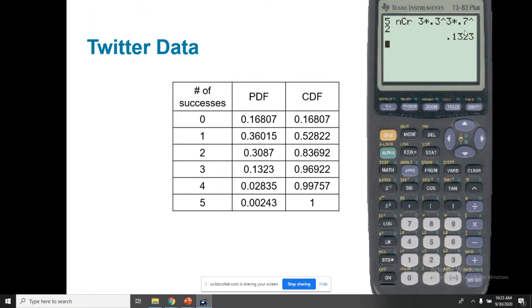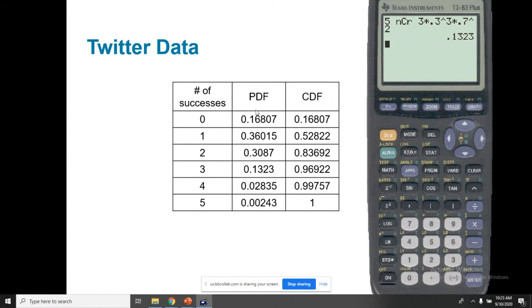Notice that's what we calculated by using the formula. If you were to use the formula to calculate the probability of 0 successes, this is what you would get, and for 1 success. We've calculated the probability for 3 successes, and here are the probabilities for 4 and for 5.